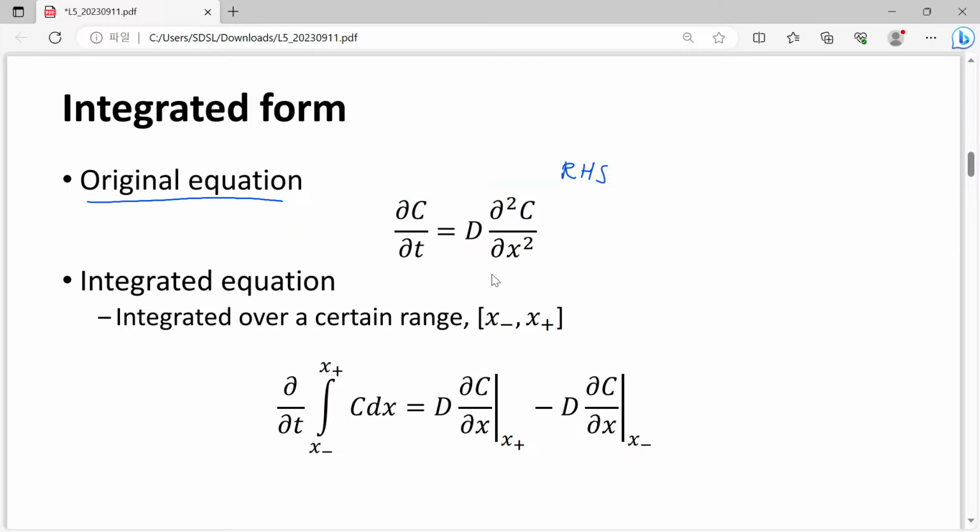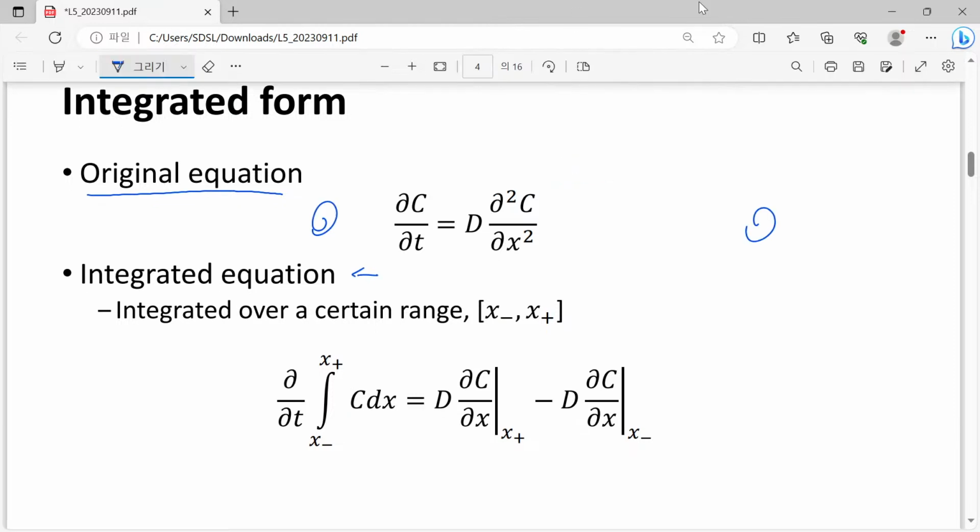The key is integration. Integration over what? Integration over, oh sorry, sometimes my pencil is lost. So in this case I have to wait for a while. Okay, it works now.